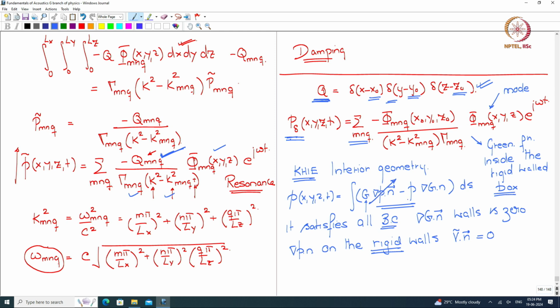However, the pressure on the walls is unknown, but that is okay. But now del g dot n is also 0 because G is composed of mode shapes and mode shapes satisfy the derivative condition on the walls. So del G dot n is also 0. Okay, so how does sound happen?